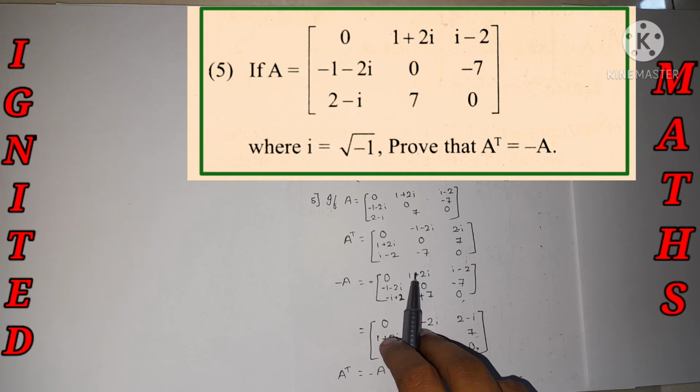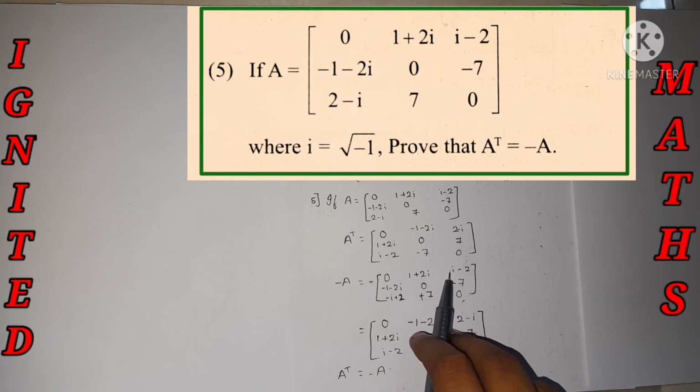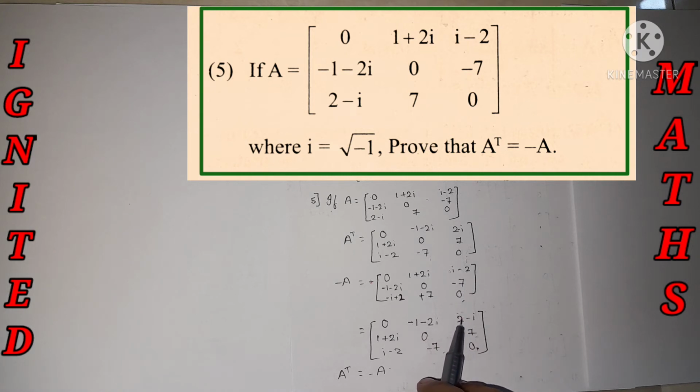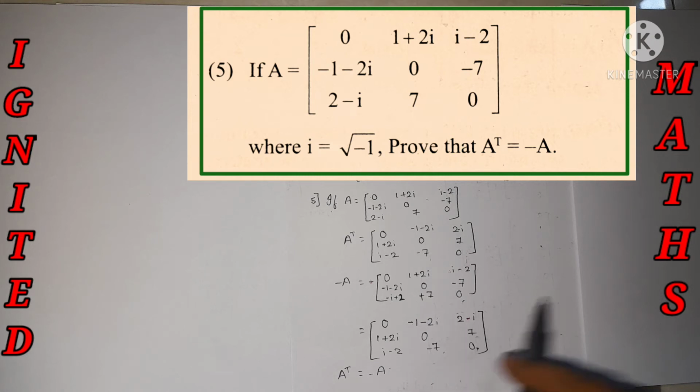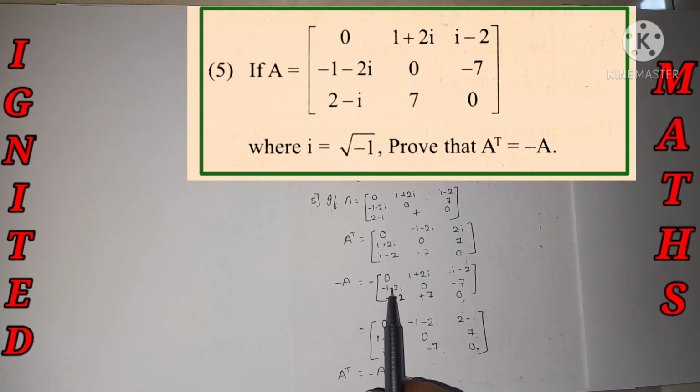Minus, okay, over here plus, so minus minus. Over here i is positive and minus 2 is negative, so I interchange it. 2 should be positive, minus becomes plus, and the i will be written as minus. First interchange the sign over here. For the A21 element, minus 1 minus 2i, so minus into minus is plus, and over here minus into minus is plus, so 1 plus 2i.